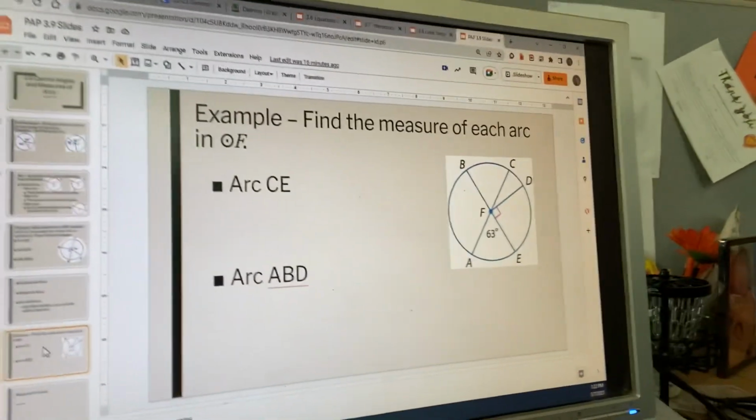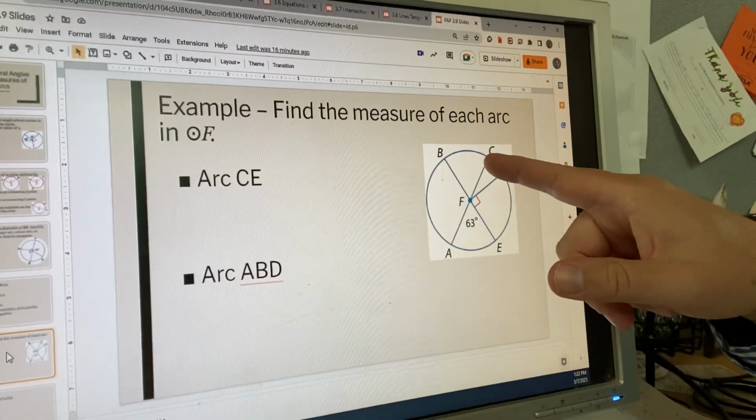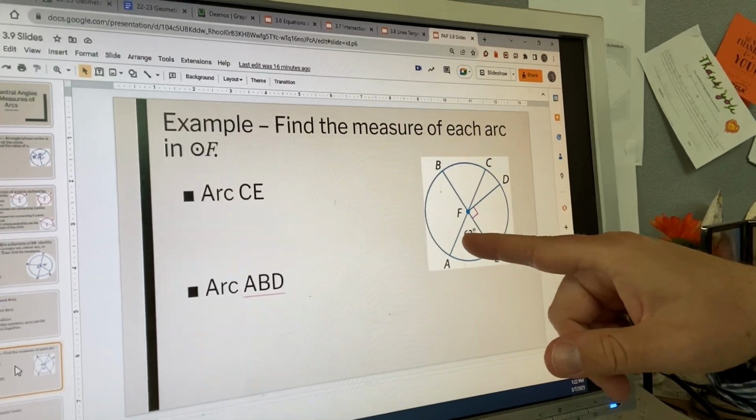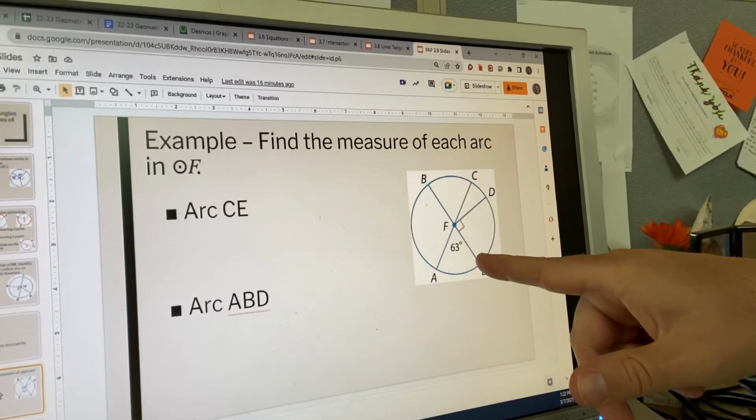So just like before, if we have vertical angles, those vertical angles will be the same and they'll create congruent arcs. Adjacent arcs are ones that are gonna be right next to each other. And then arc addition, just like before, we can have arcs that add together. So if we're finding the arcs here, the first one it gives us is arc CE. That would be from here to here. We know this is 63. We know this is 180.